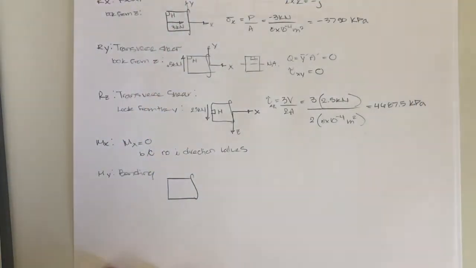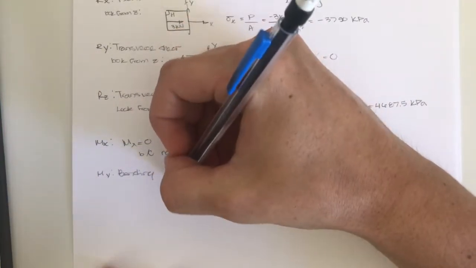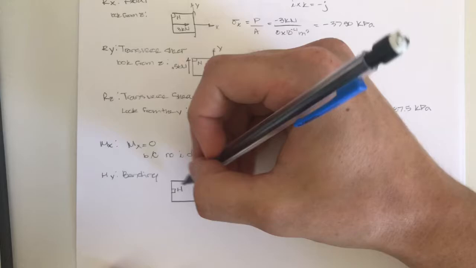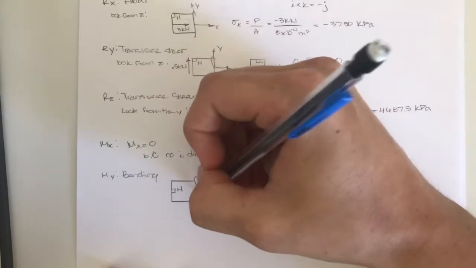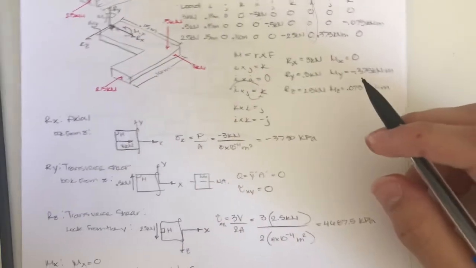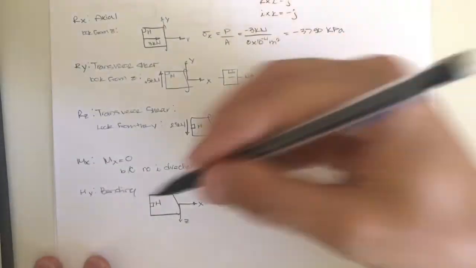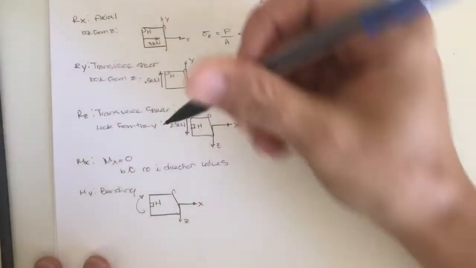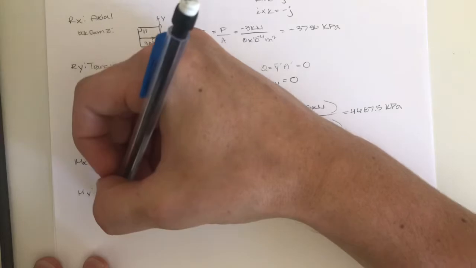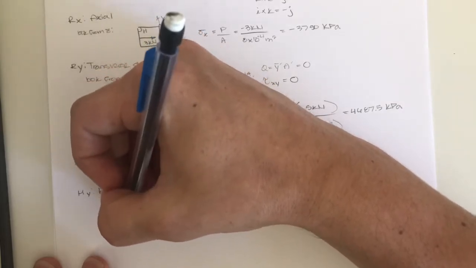So looking down the y, we are going to have H right here, positive x, positive z. We know that the moment in the y right here is a negative 0.375 kilonewton meter. So that is going to be a clockwise moment of 0.375 kilonewton meters.